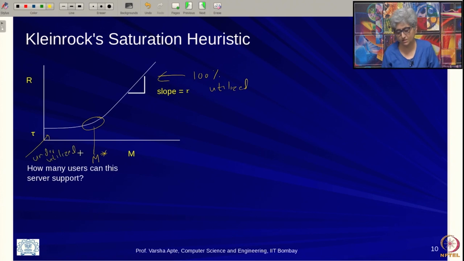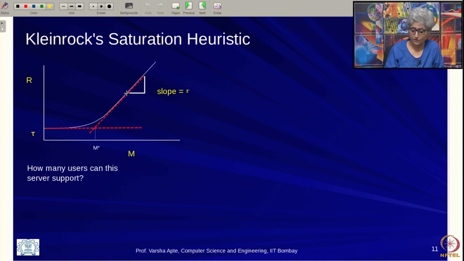So, a heuristic, not a very rigorous one, indicates that if we are operating somewhere here, that is a good place to operate, because just after that the system is reaching full capacity and we do not want to be there. The idea of Kleinrock's saturation heuristic is that this number is given by the intersection of these two lines. What are these two lines?